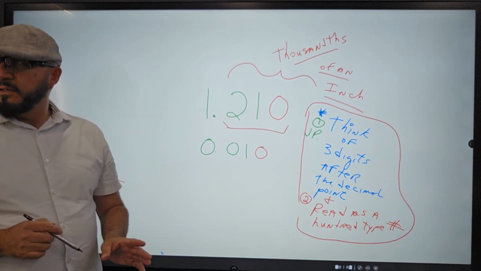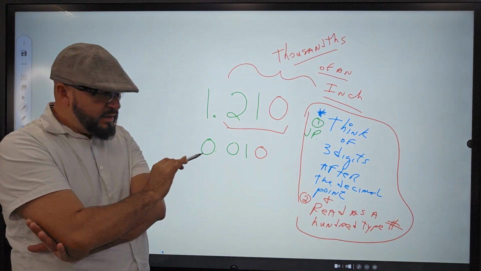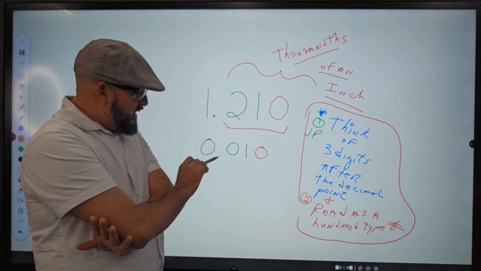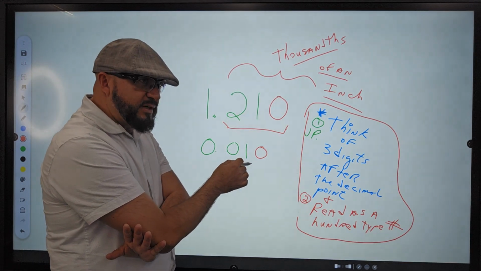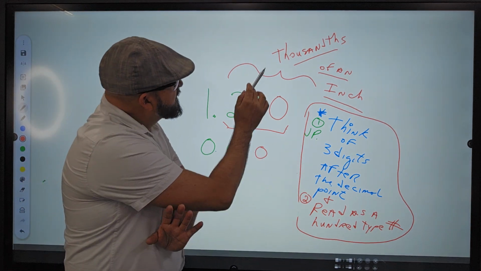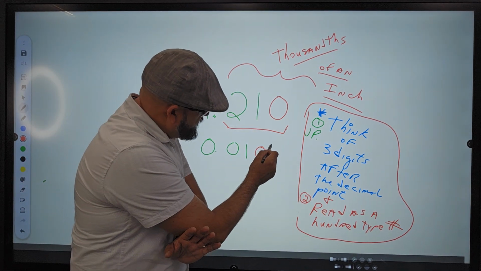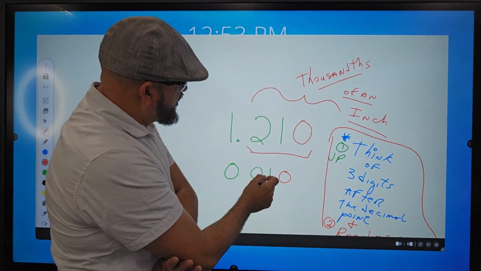Right. Okay, so you read this 0 inches the correct way, long way. 0 inches. This is not 100. This is less than 100, so this is 10, right? 0 inches, 10 thousandths of an inch.